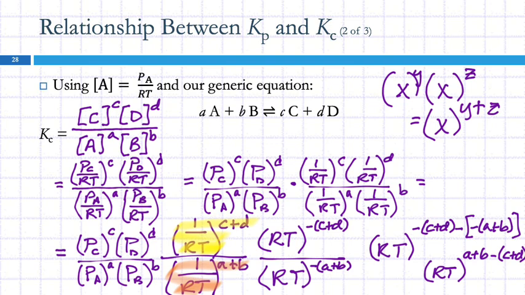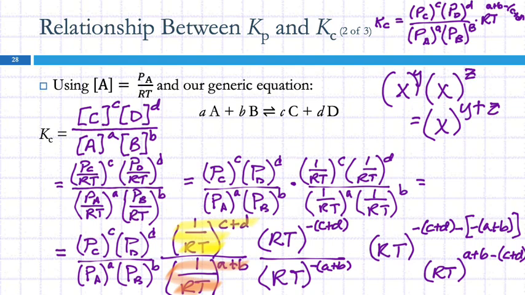So, sticking those things together, KC is equal to PC to the C, PD to the D, over PA to the A, and PB to the B, times RT to the A plus B minus C plus D. Clear as mud, right?